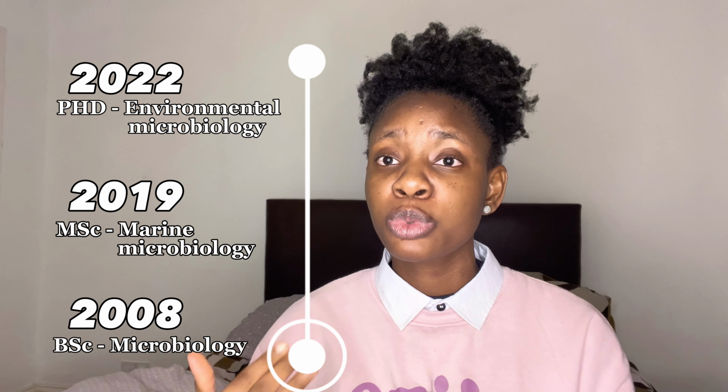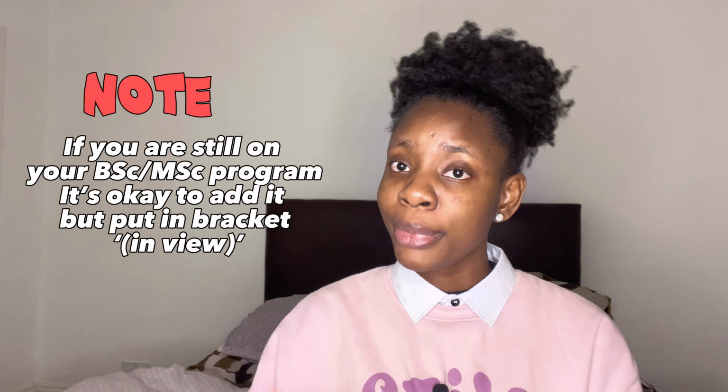If you have your PhD, your master's and your undergraduate degree, you do not put your BSc first. The first that goes in is your PhD, then your master's, then your BSc. It is in this order because whoever is picking up your CV is more interested in your recent degree than in your previously acquired degree.